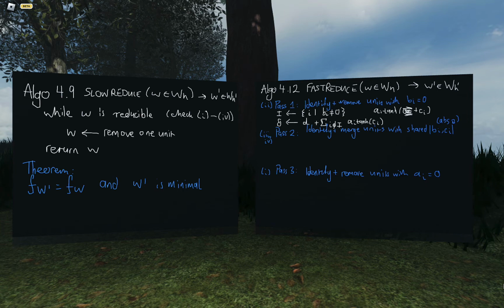Okay, pass 2. This one's a little bit trickier, but grouping these units, to avoid it being quadratic, what we can do is we can sort the units by their incoming weight and bias vector. If you think about sorting vectors, I don't know how many people here came to the meta-uni algebraic geometry course, but you may otherwise also be familiar with something like the lexicographic order of tuples.